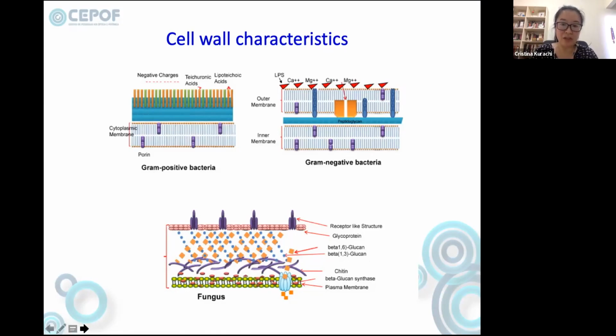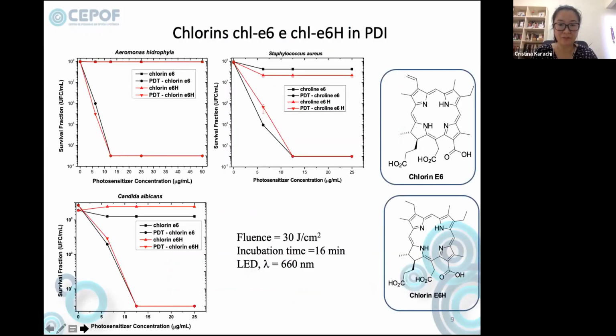So this is important to take into account to choose the best photosensitizer that will interact more selectively with your microorganism and not with the mammalian host cells.